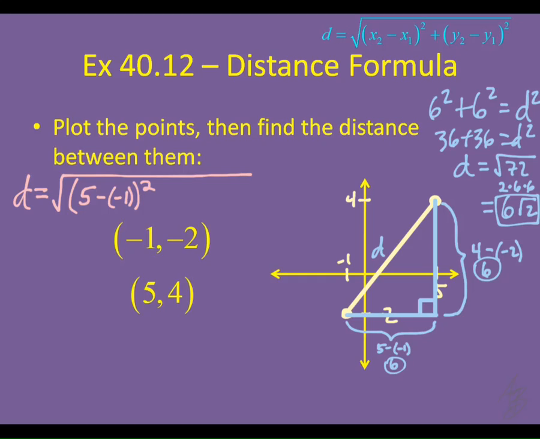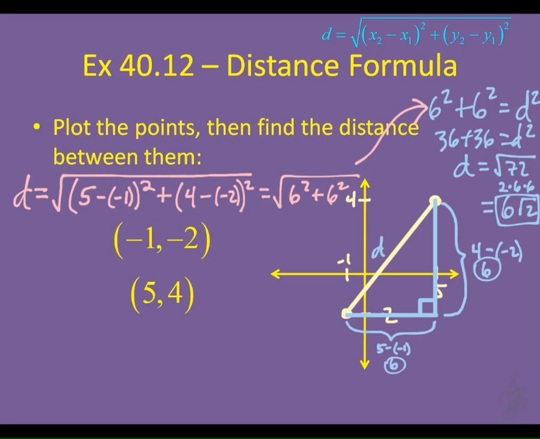Alright, plus parentheses 4 minus -2 squared. Okay, what is 5 minus -1, Sam? It is 6. Okay, so we have the square root of 6 squared plus, what is 4 minus -2? It is 6. 6 squared.